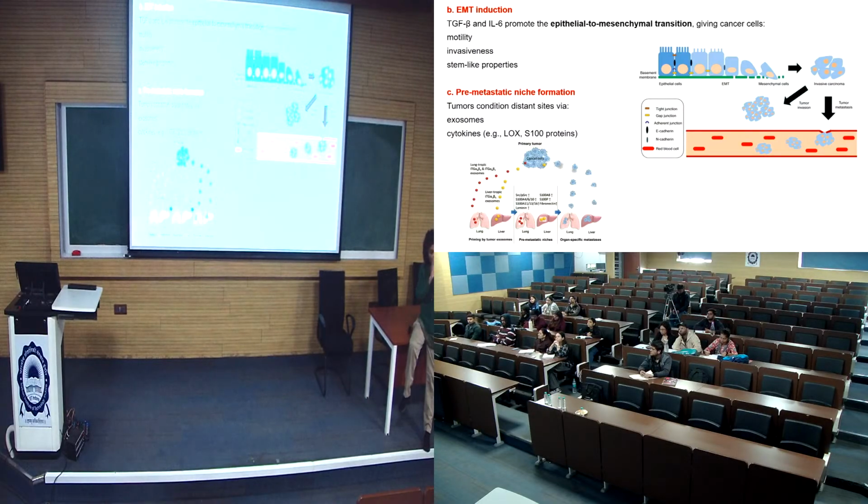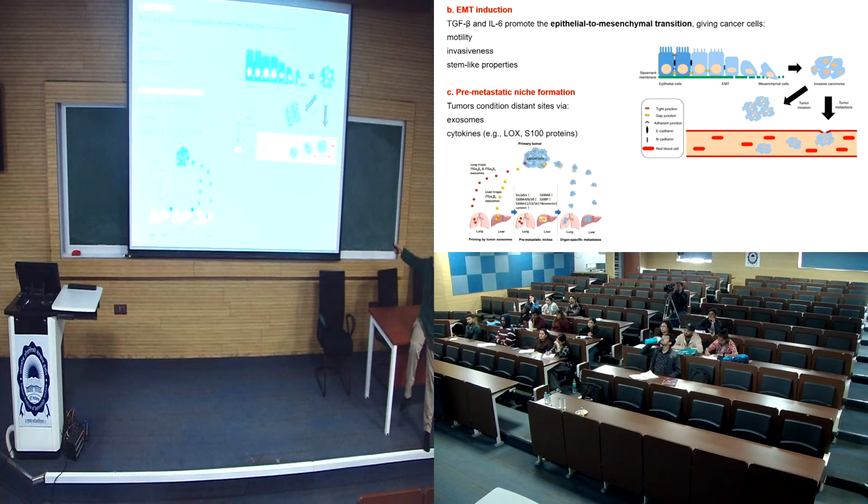When they are brick-like, they cannot move. When they become mesenchymal, they can squeeze through things and become very motile, and that's how invasion takes place. Then they form a pre-metastatic niche. They go and form new tumors. They find new places, settle there, and that leads to metastasis.